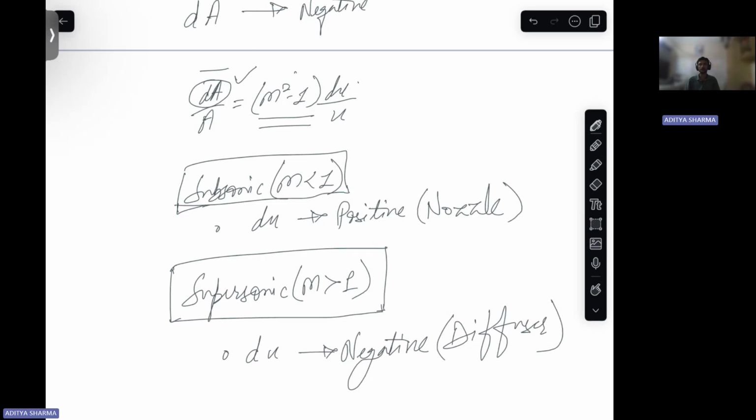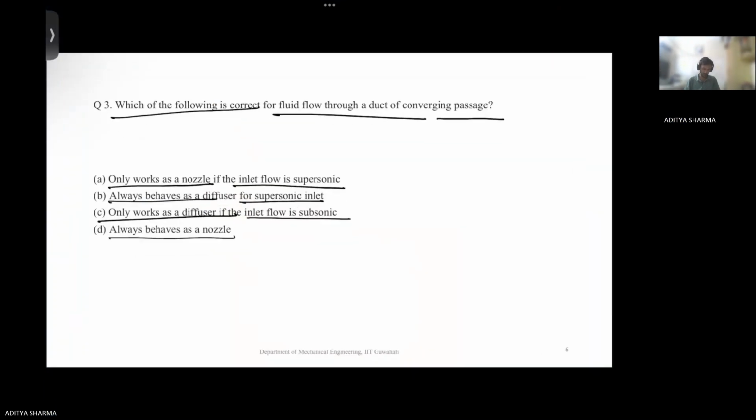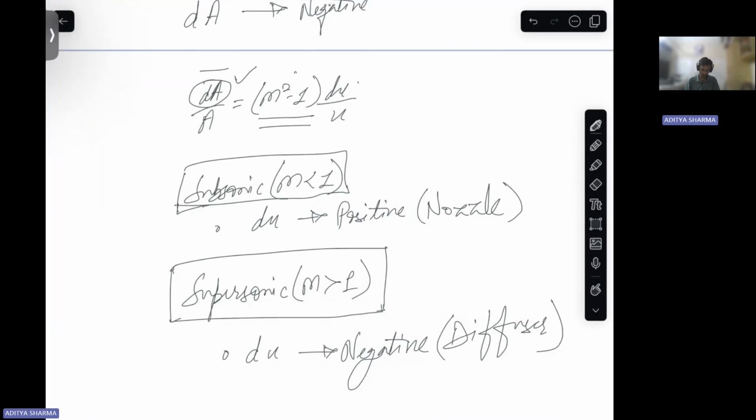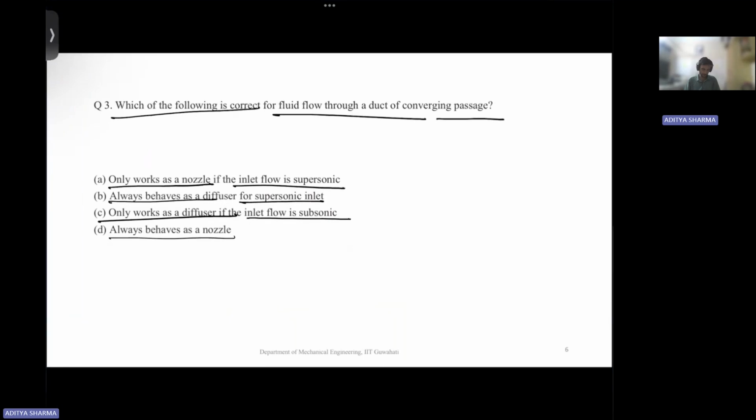Now let's see our questions. Subsonic, supersonic. Only works as nozzle if the inlet flow is supersonic. For supersonic, it will act as diffuser. No, first option is not correct.